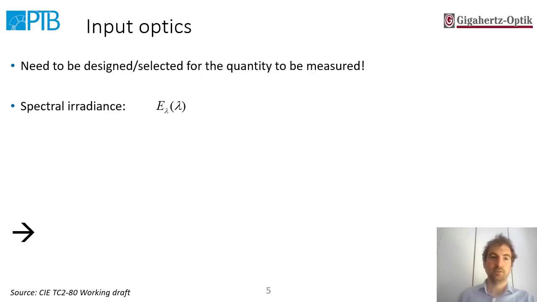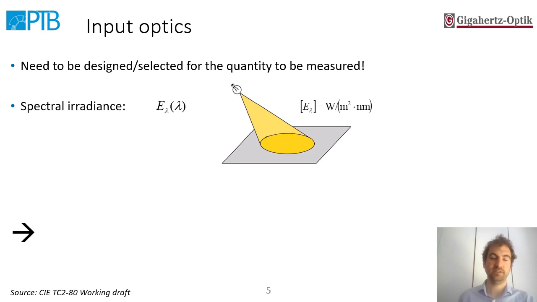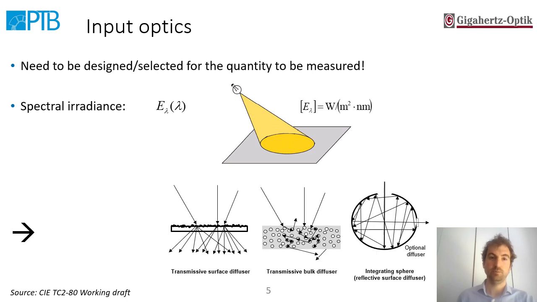Coming back to the input optics, we have to design or select the input optics for the quantity to be measured. Thinking about spectral irradiance, which is given in watts per meter squared nanometer, we need input optics which allow this measurement. In terms of geometry, we will end up with transmittive surface diffusers, transmittive bulk volume scattering diffusers or integrating spheres.